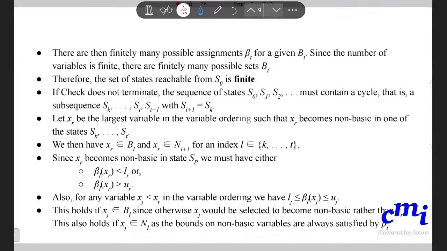To prove this, let xr be the largest variable in the variable ordering. Like I said, we need a total ordering on x1 to xn. Let's assume that xr is the largest variable in the variable ordering such that xr becomes non-basic in one of the states sk to st. So for all variables that become non-basic from basic in sk to st, xr is the largest in the variable ordering.